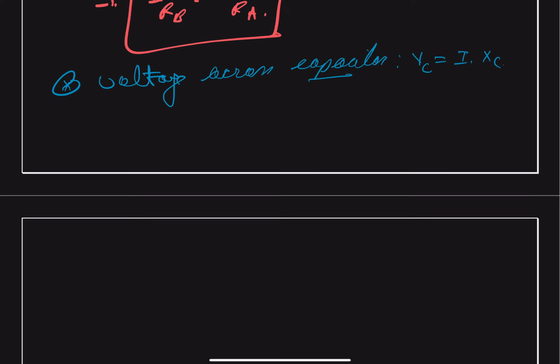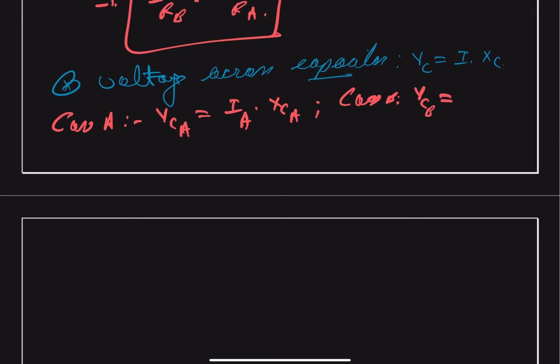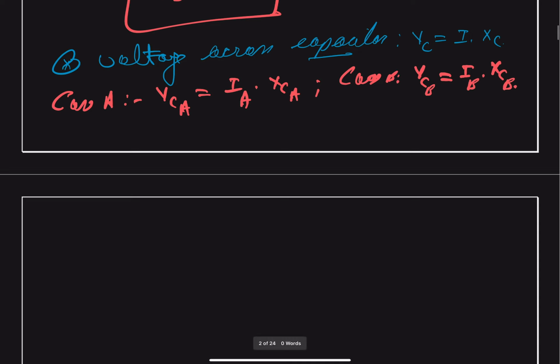For case A, we can write VCA will be equal to our IA multiplied by XCA, and for case B we can write VCB is equal to IB multiplied by XCB. We already know our IA will be nothing but our IRA, both are same.